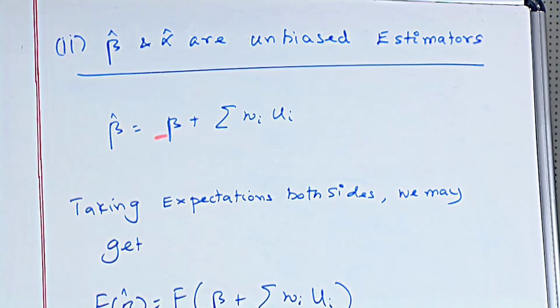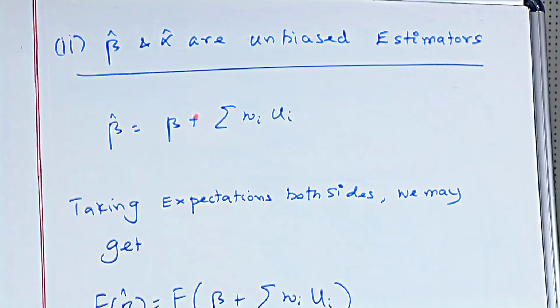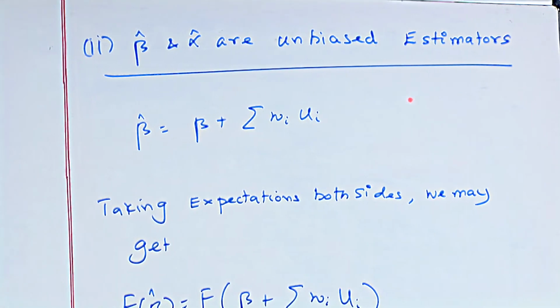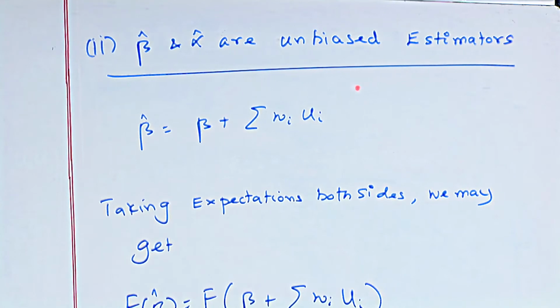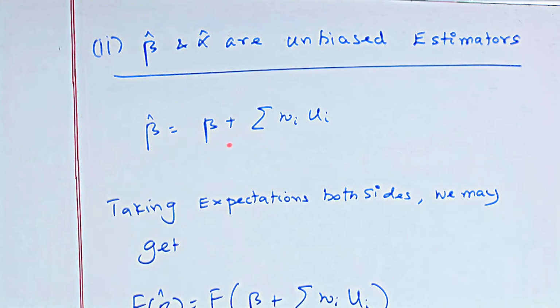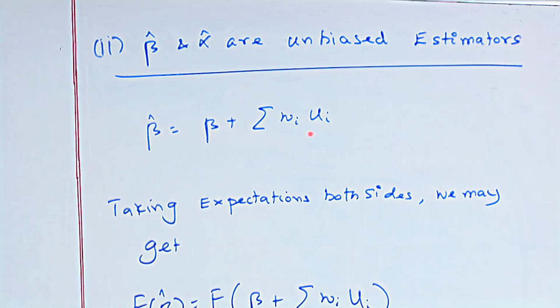Now, an immediate property following the linear property is the unbiased property of the OLS estimators. Let us take for instance the expression of beta hat. Beta hat, we already know, is equal to beta plus sigma wi ui.